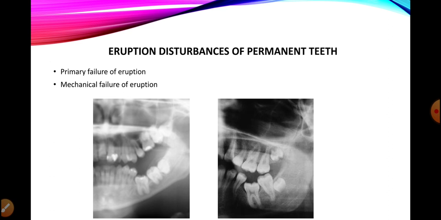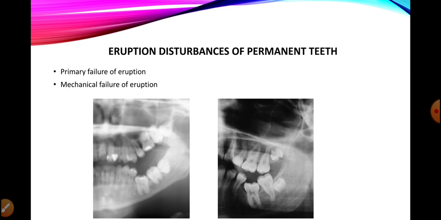Another major contributing factor for the posterior open bite is eruption disturbances. Among the eruption disturbances of the permanent teeth, the two most common are, first of all, the primary failure of eruption, and secondly, the mechanical failure of eruption.